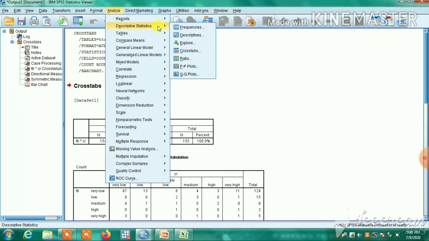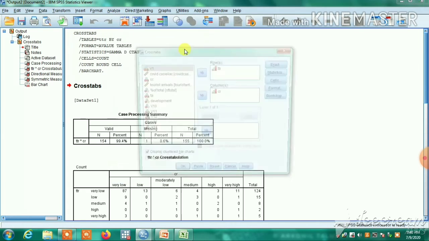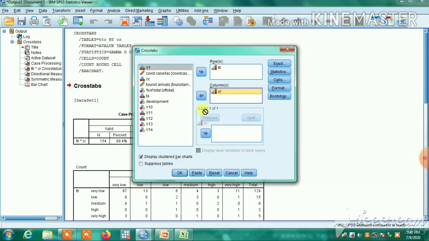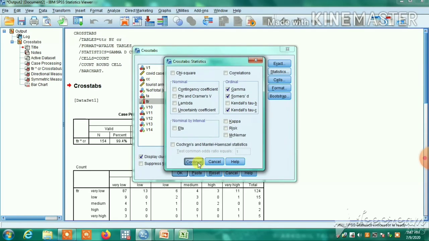Does there exist any association between these two? So crosstabs. Now the dependent variable is the same, COVID cases, but as independent variable we have to take development. Development is the independent variable, not the tourist arrival, sorry.